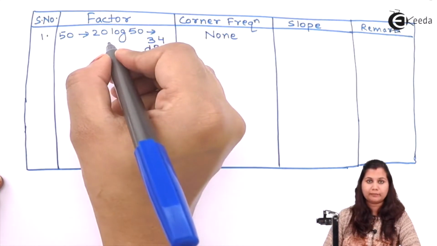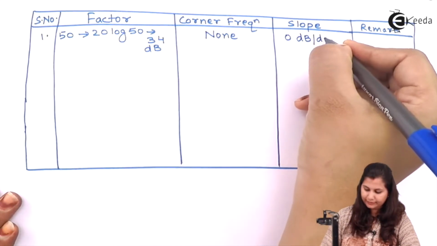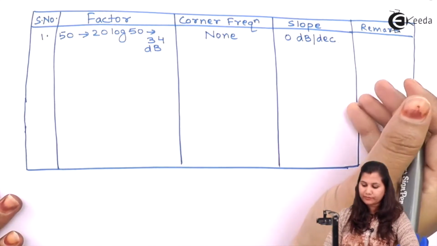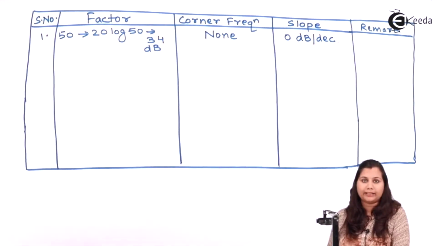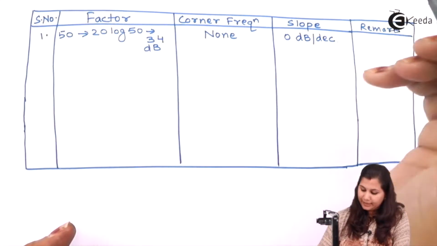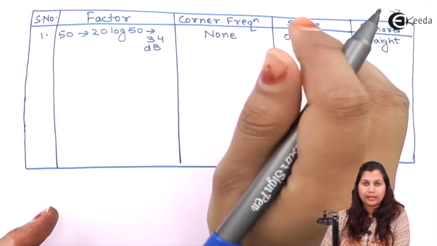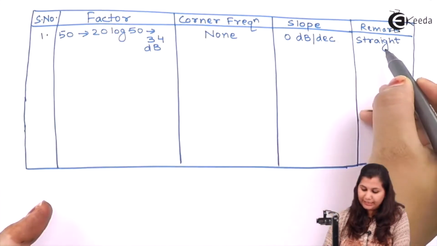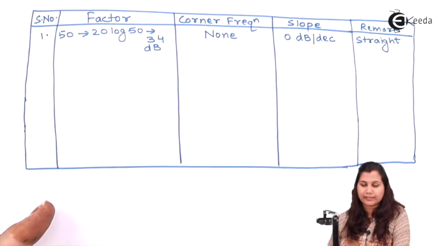The slope for the constant term is 0 dBs per decade. And in the remark, we write how this constant term is represented in the magnitude plot. It will be represented by a straight line having no slope, starting from 34 dBs and parallel to the 0 dBs line.